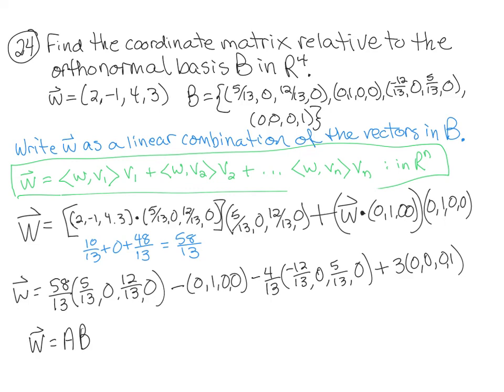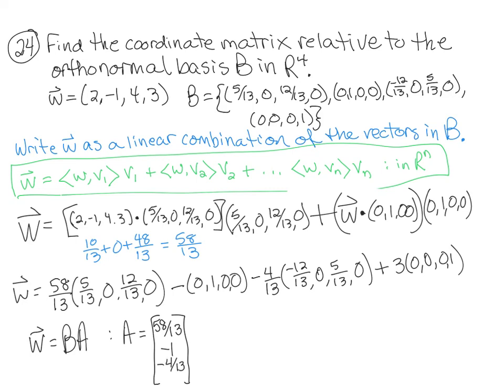And I did that backwards from the way the book tells me to do it. So we have the basis, the basis is going to be a 4x4 matrix, and we're going to multiply that by a 1x4 matrix, and that 1x4 is those coefficients that we found, which are just the dot products.